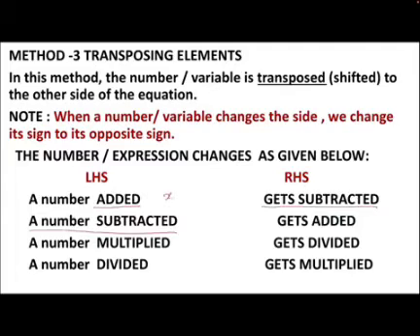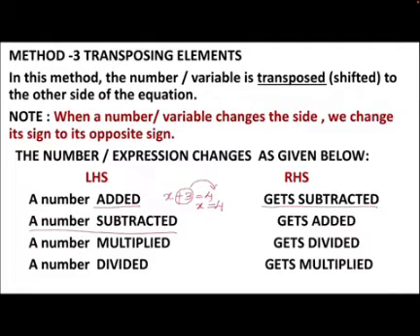So, x plus 3 equals, let us say, 4. This 3 is added on the left hand side, but when you shift it, what happens is x equals 4. 4 will not move, children. 4 will remain where it is. But what is shifting?